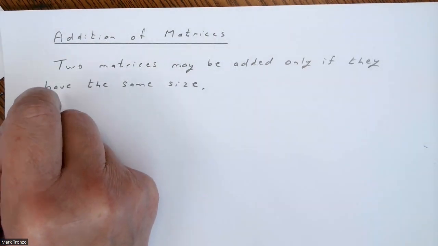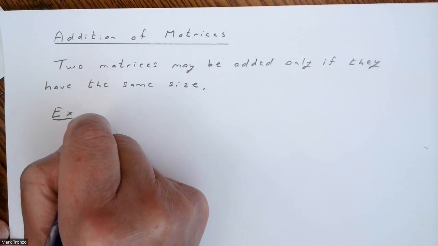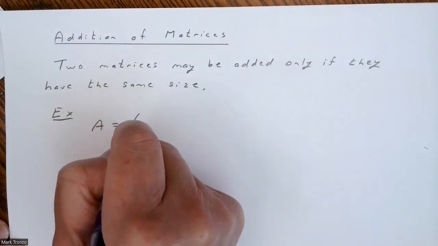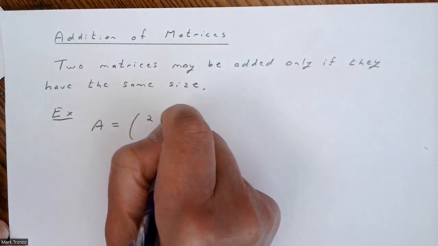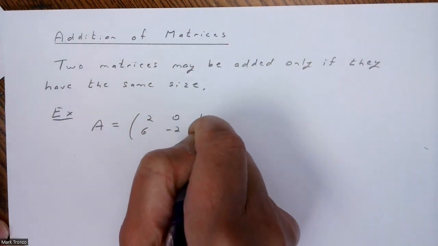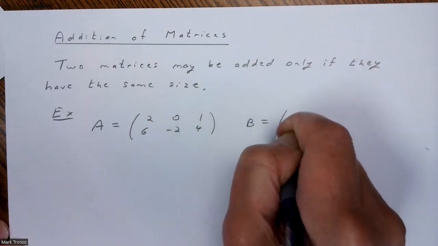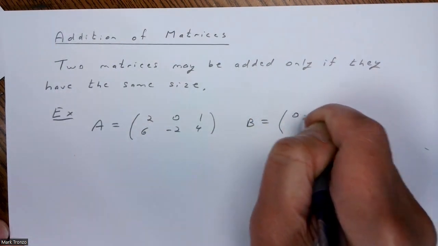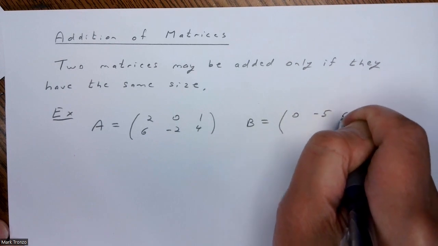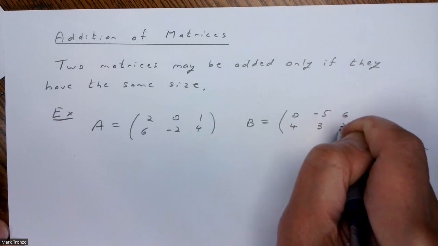So for example, let's say we have these two matrices, A, which is 2, 0, 1, 6, minus 2, 4, and B, 0, minus 5, 6, 4, 3, 2.